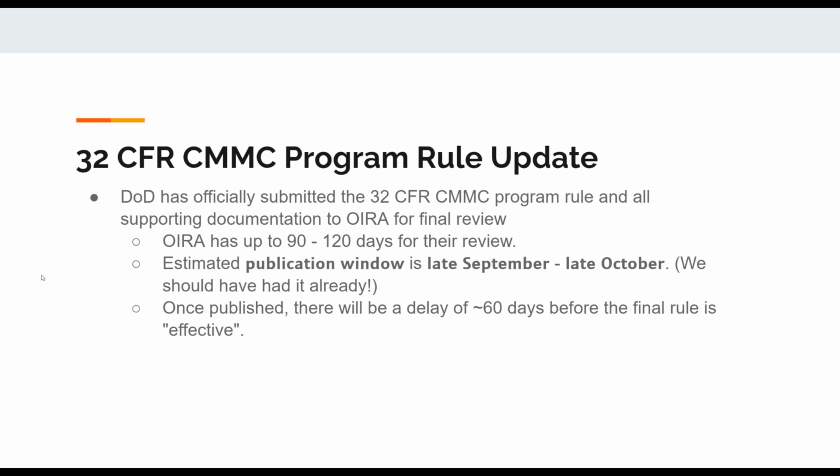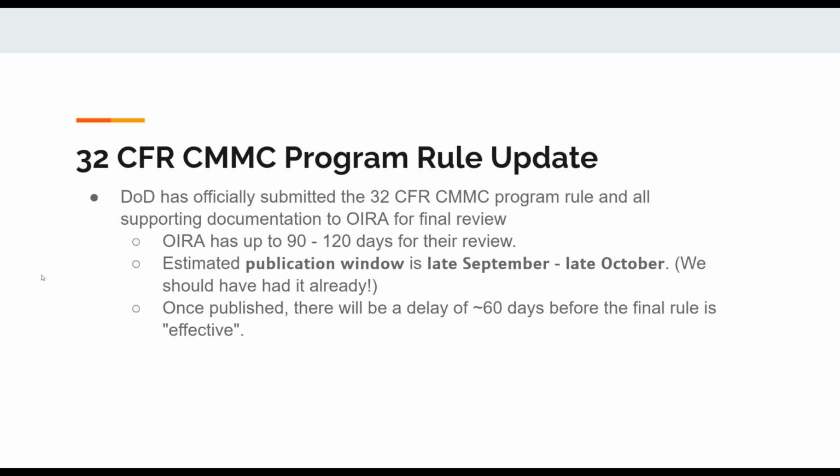The CMMC 32 CFR final published rule. Upon publication, there's going to be a delay of 60 days before it is effective or goes live. So things keep sliding a little bit, but by all accounts, it's all buttoned up and, again, should have been out already.